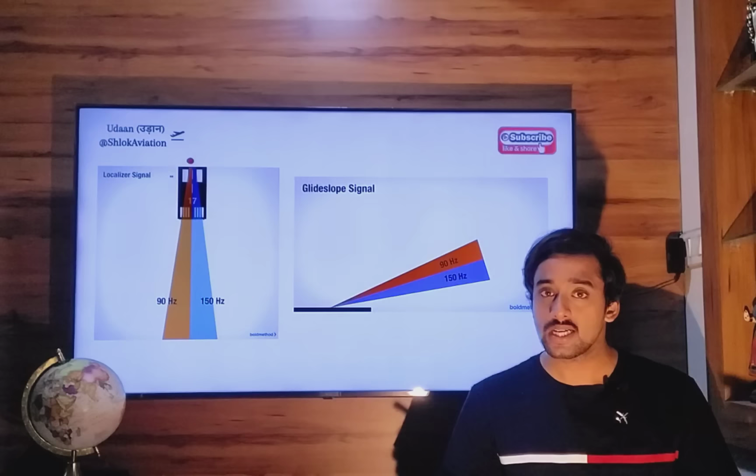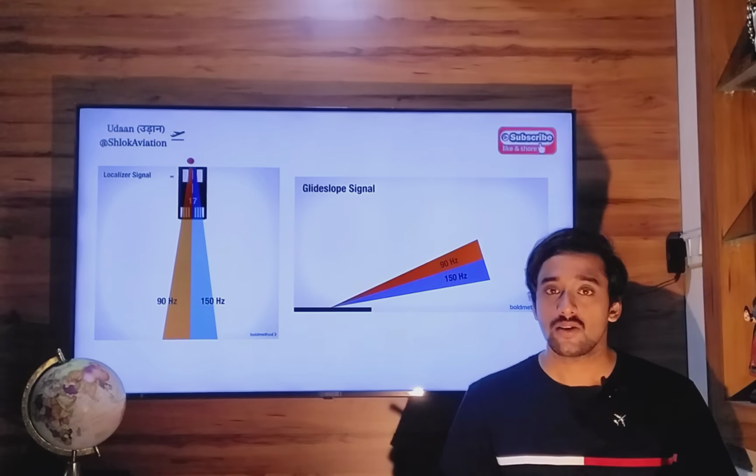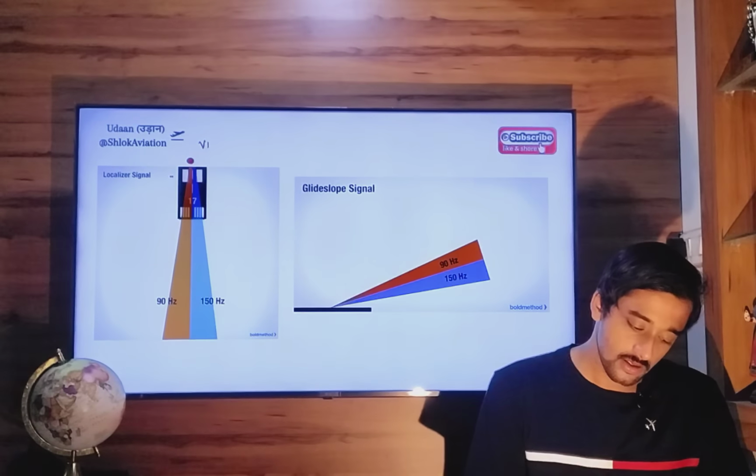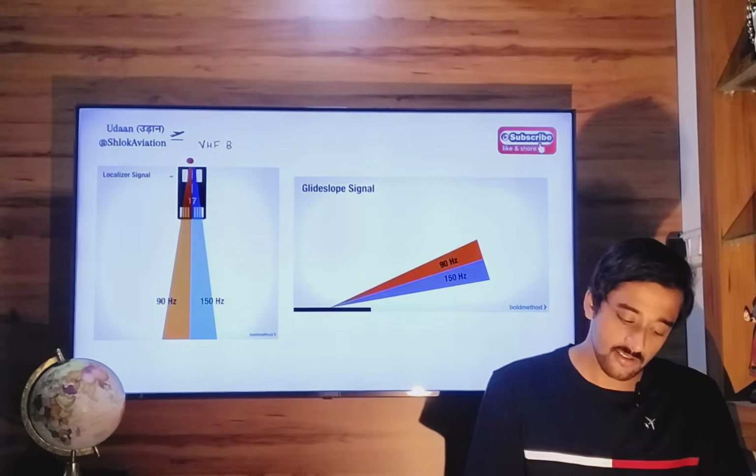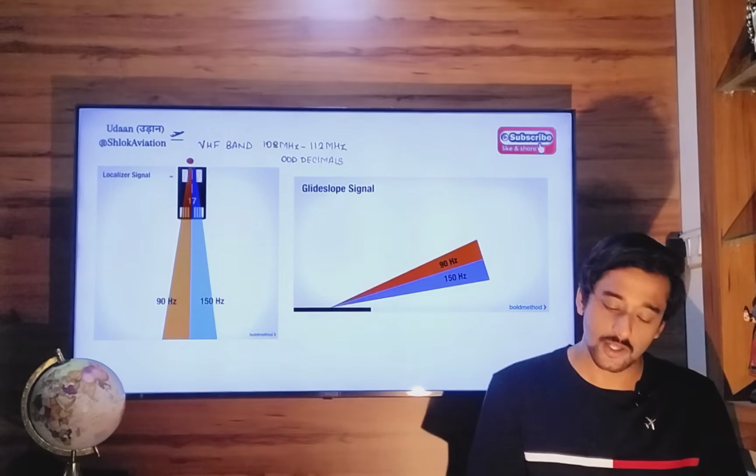Your localizer antenna, which is located on the opposite end of the runway, will transmit the localizer signal in the VHF band, on any frequency between 108 megahertz to 112 megahertz, provided the frequencies have odd decimals.